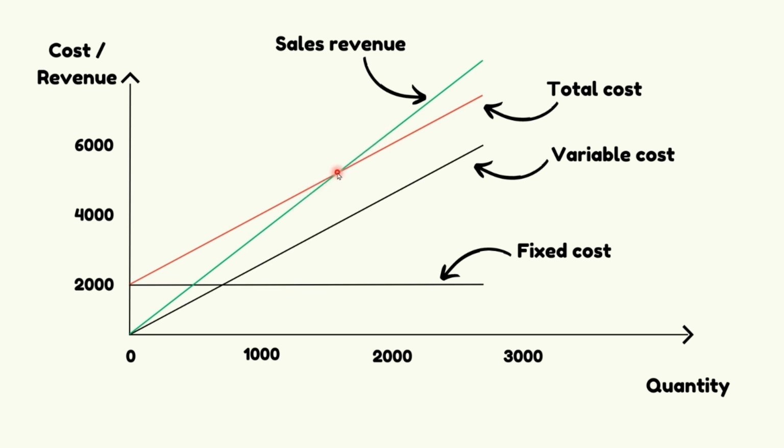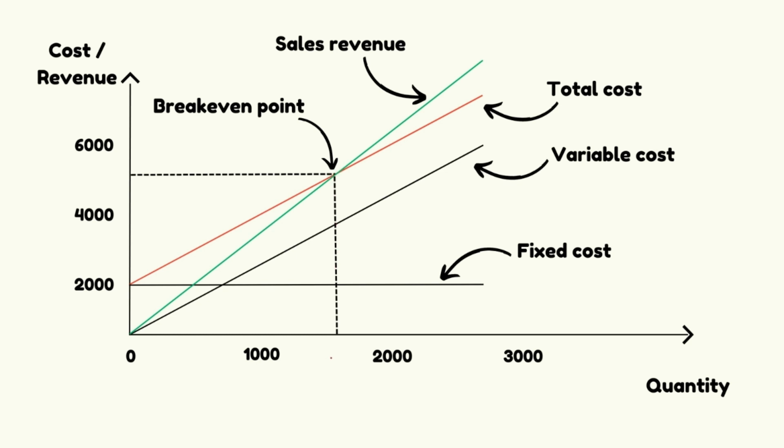Here, as you can see, these two lines are intersecting. So this is the break-even point where the total sales revenue is equal to the total cost, which means now the business can cover its total cost by the sales revenue. In other words, there will be no profit or no loss at this point.